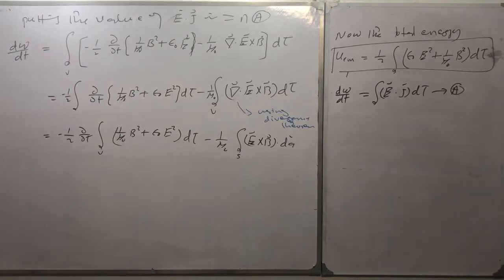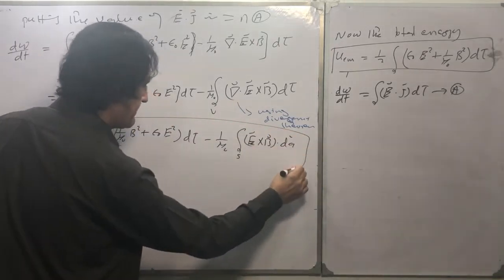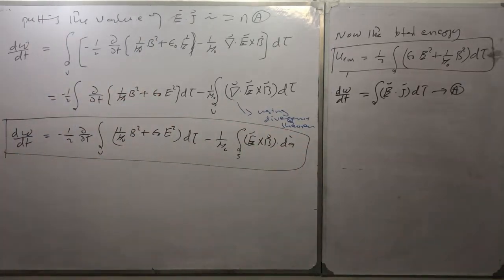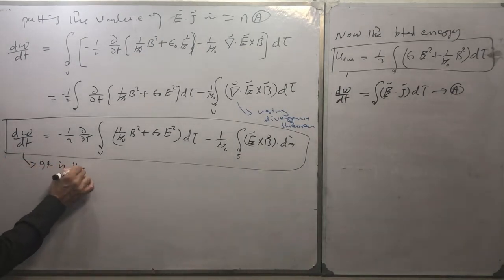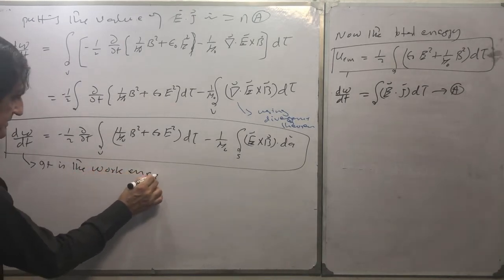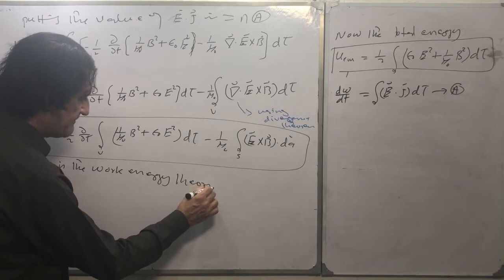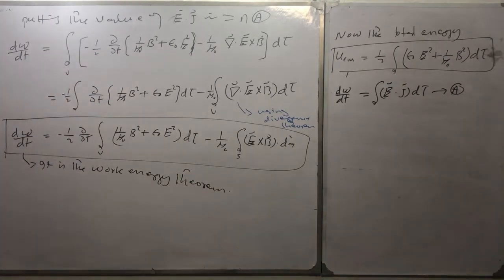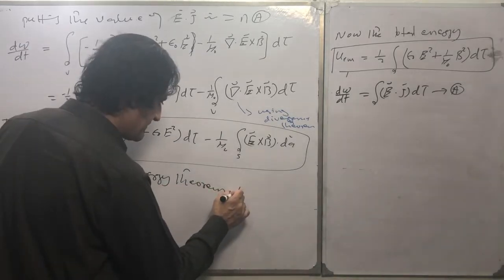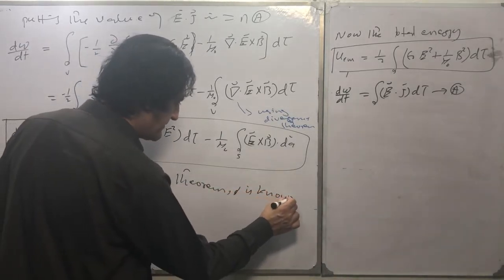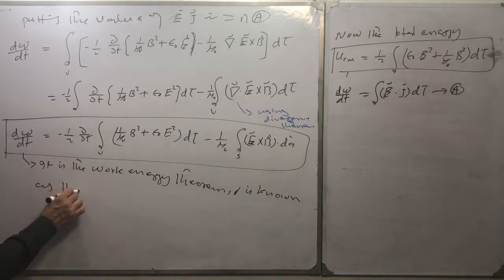So this is the divergence theorem. Now this is the final equation, dW divided by dt, and it is the work energy theorem, which is known as the Poynting theorem.